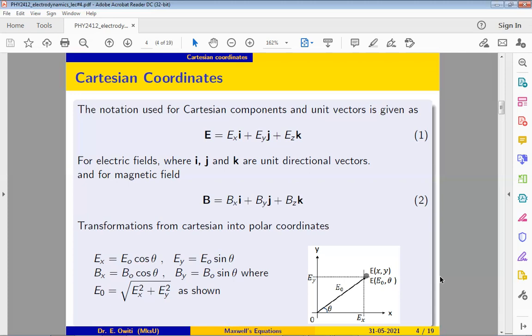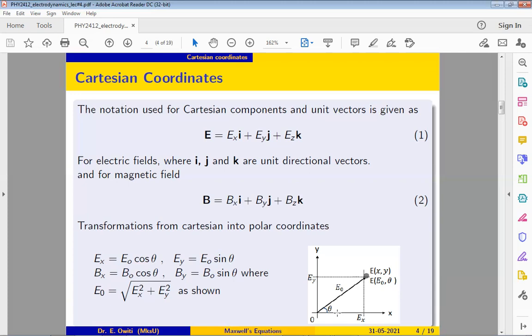In terms of the conversion between polar and Cartesian, you can basically have a two-dimensional axis, that is x and y, and you have an angle theta that is varying from the positive x-axis moving counterclockwise.